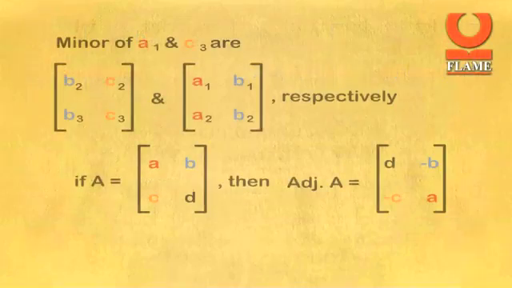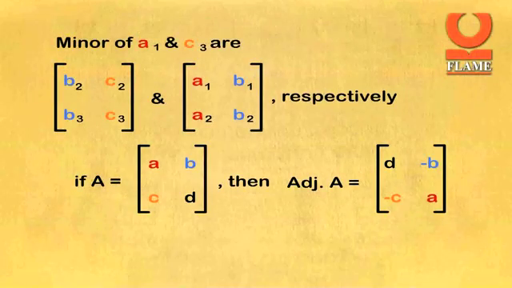Now, what is this minor? Minor of A1 and C3 are B2, C2, B3, C3 and A1, B1, A2, B2 respectively. So, if A is equal to [a b; c d], then adjoint of A is equal to [d minus b; minus c a].